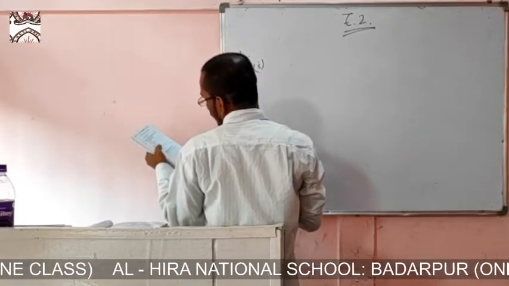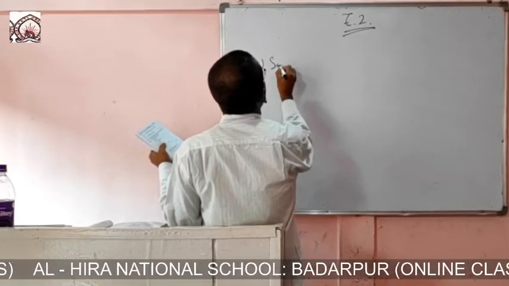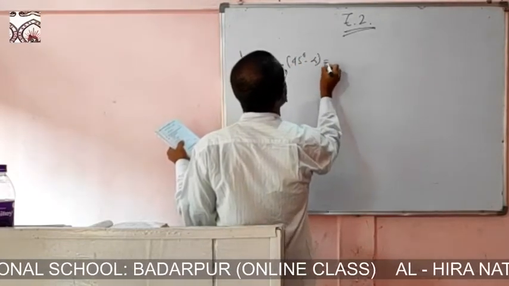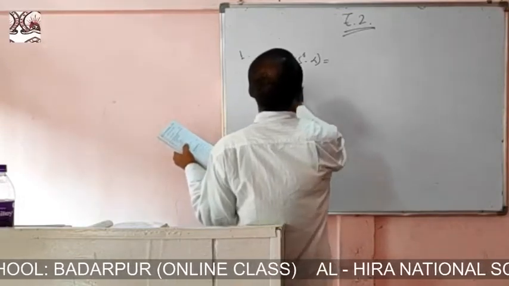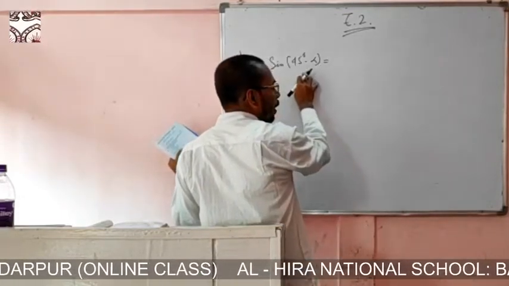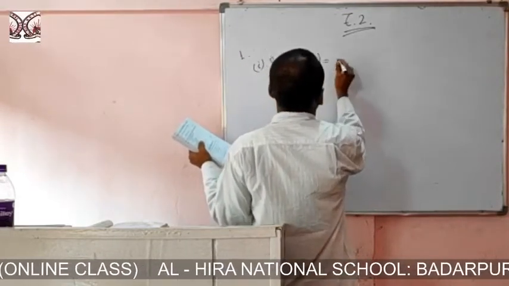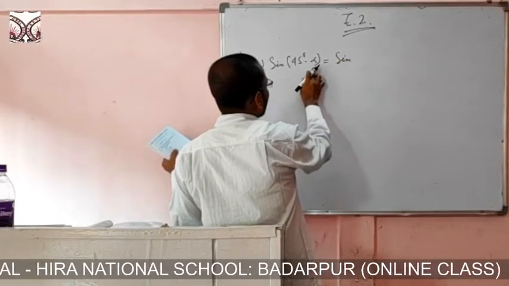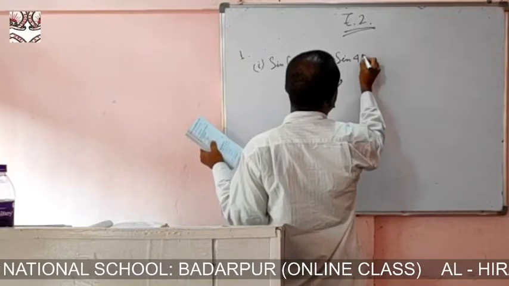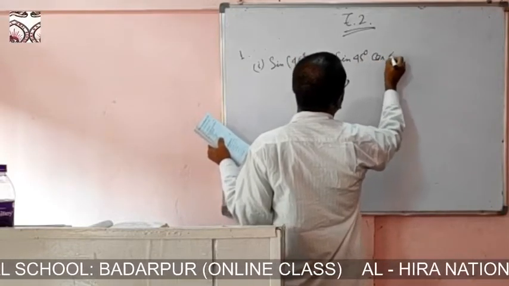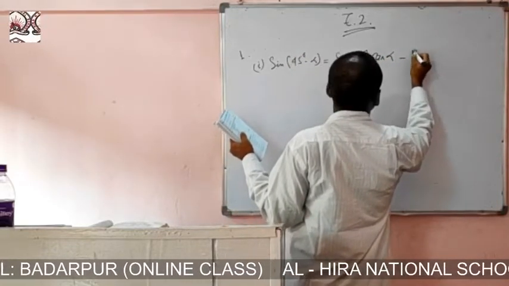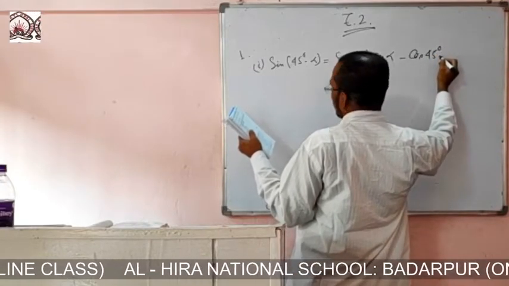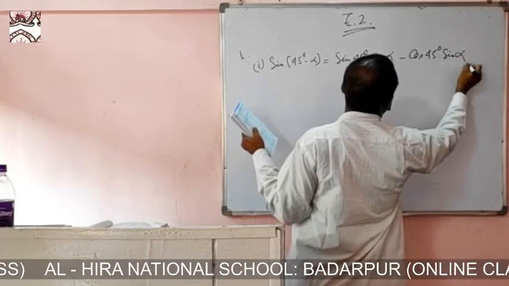Solution is sine 45 degree minus alpha, which is equal to sine A minus B. The sine A minus B formula is sine A cos B minus cos A sin B. Here A is 45, B is alpha. So sine 45 cos alpha minus cos 45 sin alpha.